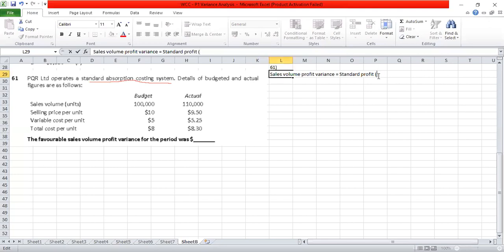Okay. Sales volume profit variance is equal to standard profit, in brackets, we have the standard quantity, this is the volume, minus the actual quantity.